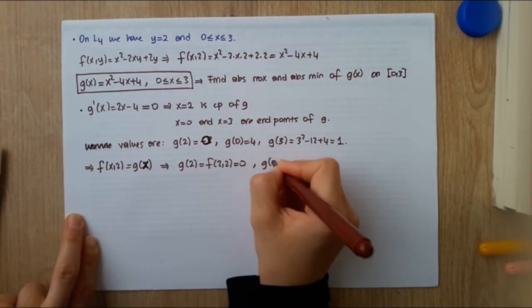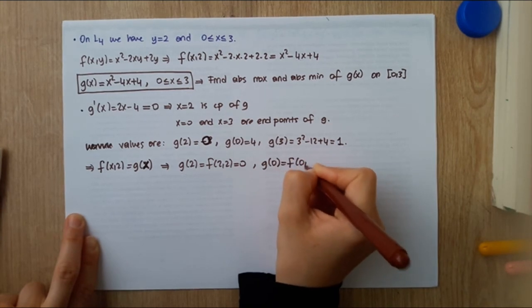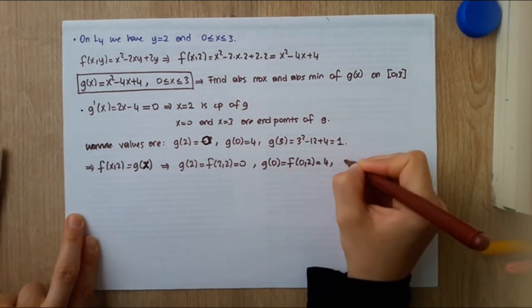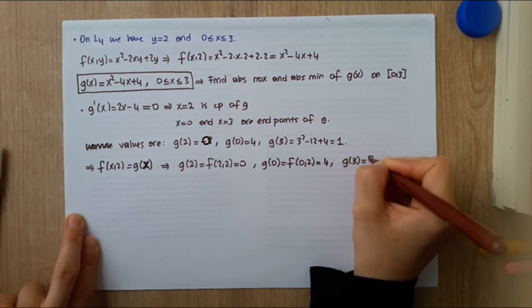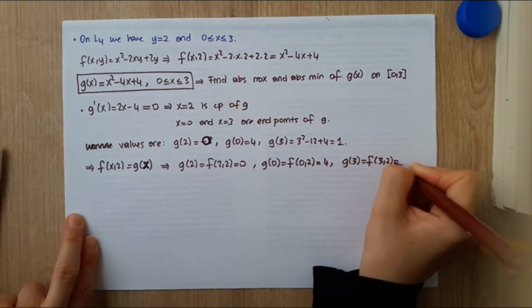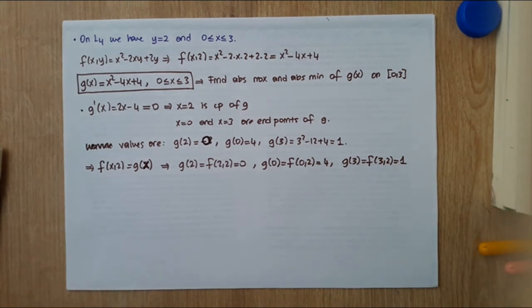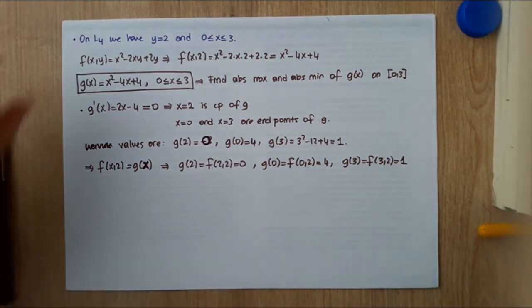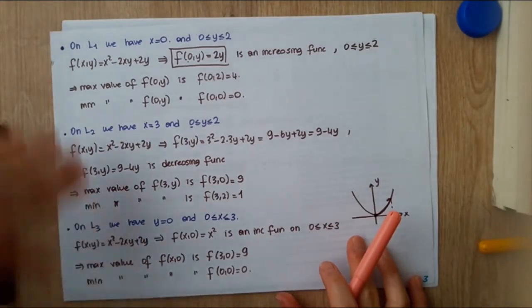And g of 0 means f of 0, 2, and it is 4, and g of 3 means f of 3, 2, and it is 1. Okay. So it's time to make a table. We have too many points here.